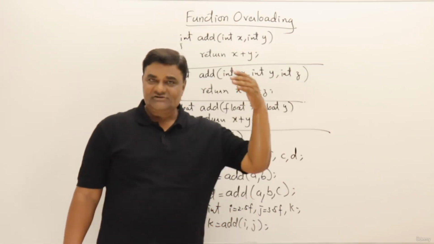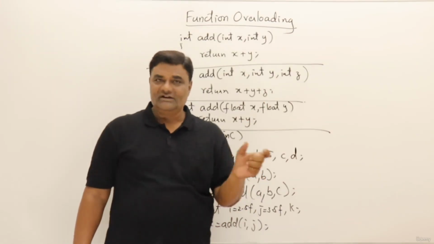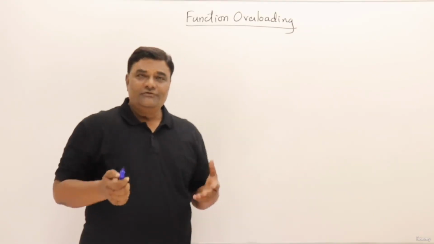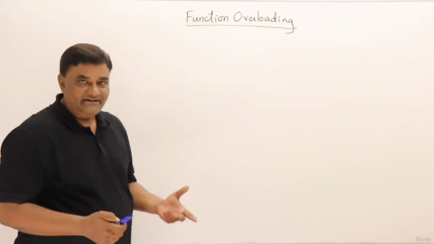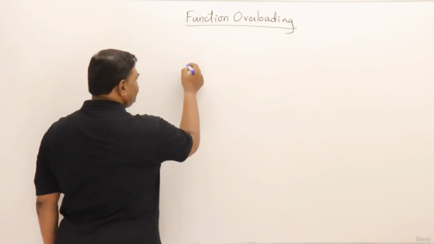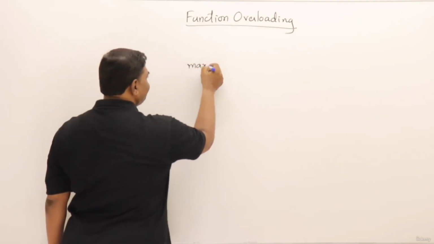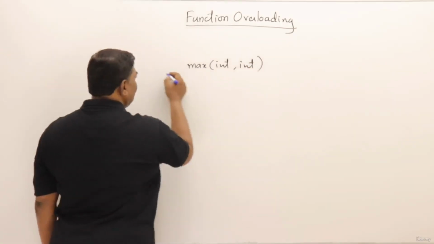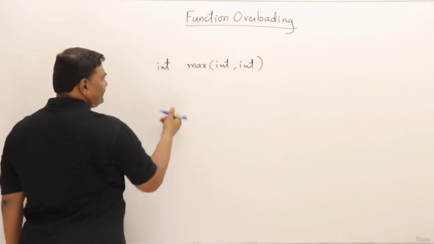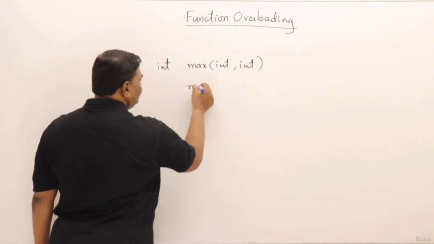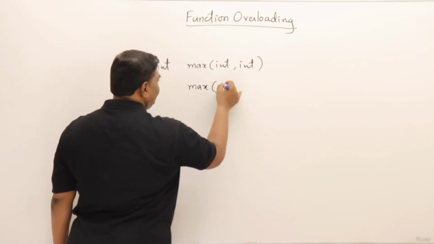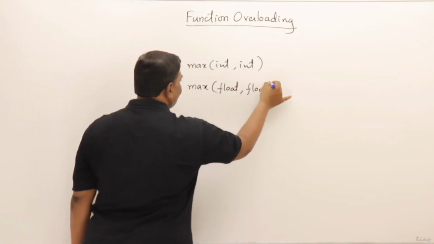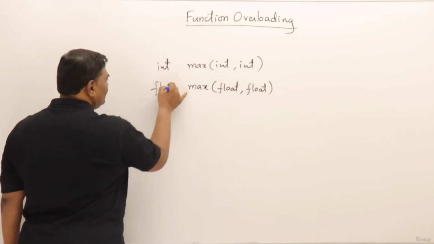Now I will show you a list of function declarations where you can check which are valid or invalid. Let me write a few function declarations and see which are valid or invalid. So I will write one function whose name is max, taking two integers, and the return type is integer. Yes, I can have that. One more function with the same name taking two floats, and the return type is float.